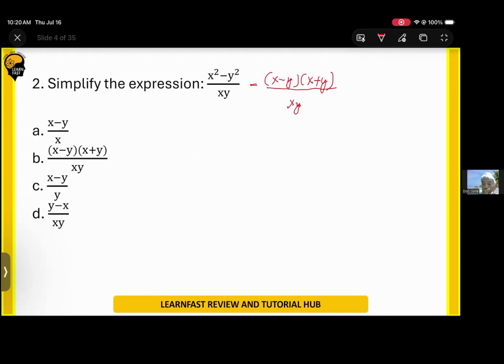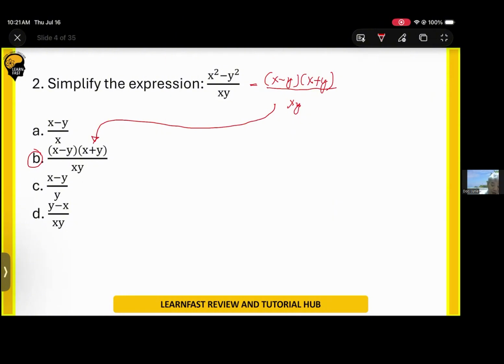If you see the rewritten form of the expression, there is no other way to simplify it. So this is now the answer, letter B. You cannot proceed further to simplify it. That is the rewritten form of the expression, and it is considered the simplified form because you cannot proceed with factoring anymore.